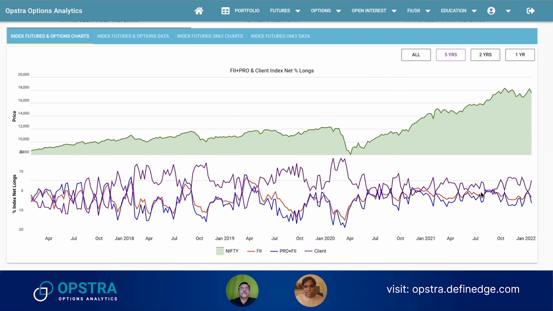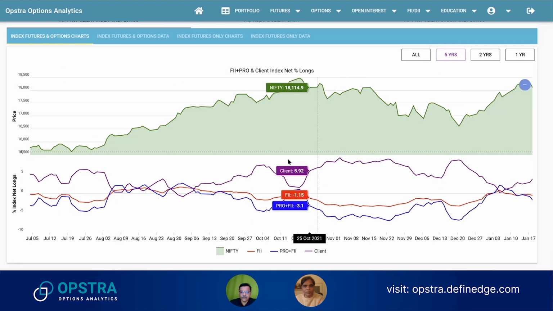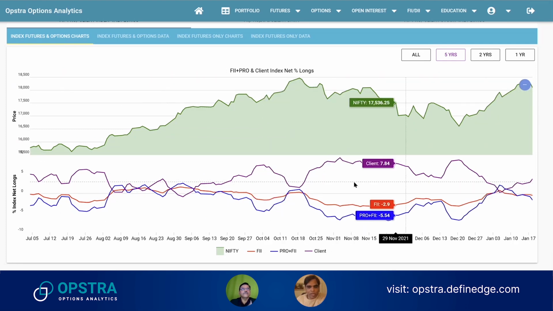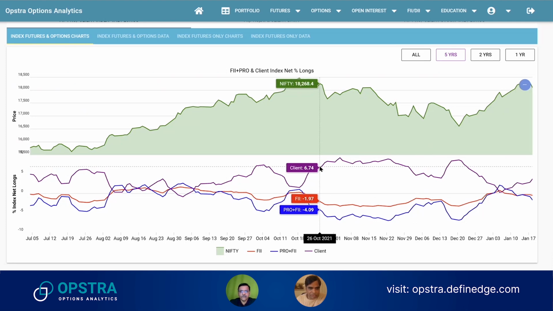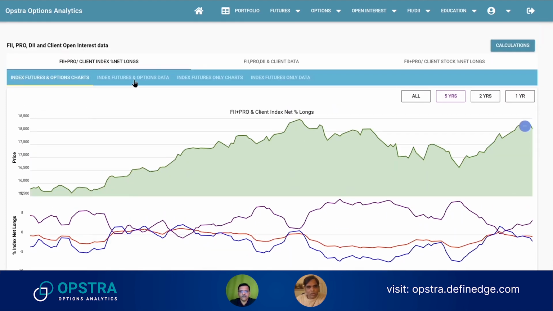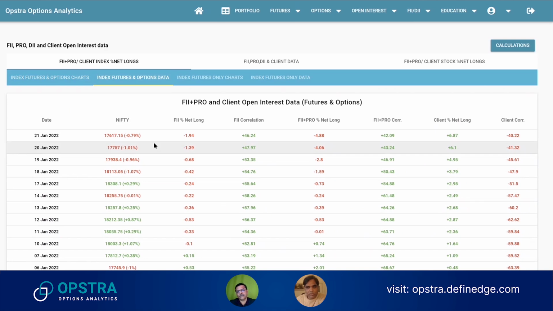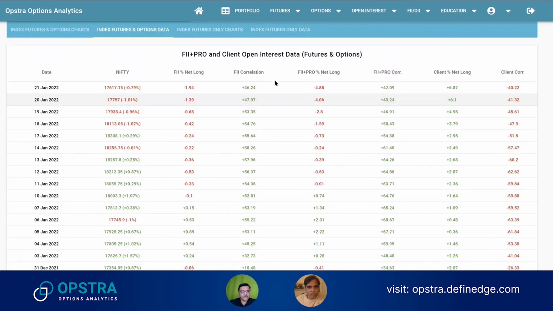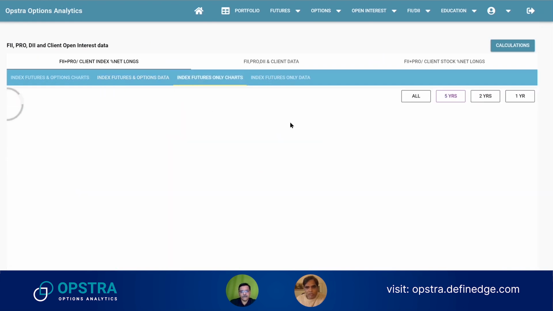But basically, it shows you the overall positions of FIIs and clients. So this is the net long positions of FII and DII clients. And you can also look at individual futures as well. This is the data which we have shown in tabular format. Sorry, this is futures only.